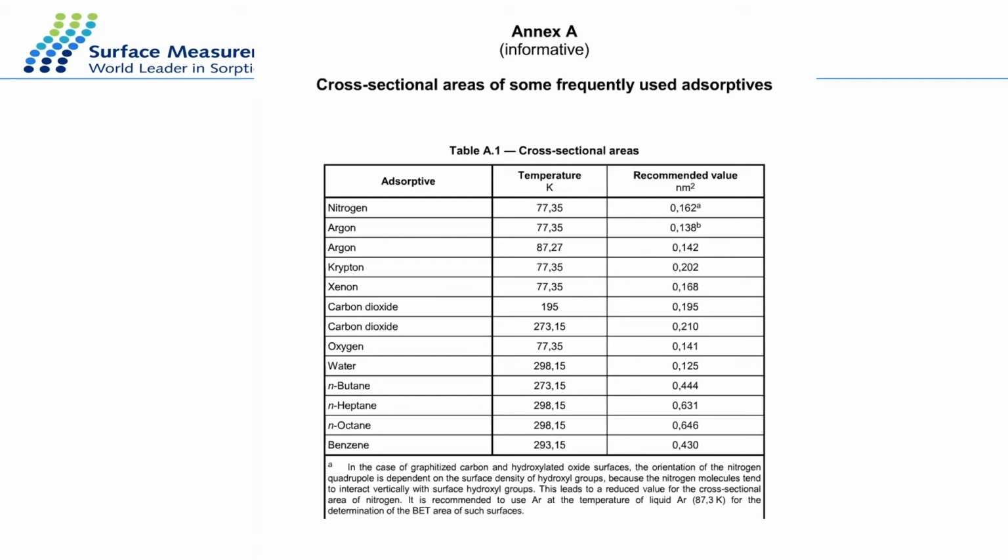For inorganic materials, which are more rigid and not sensitive to different conditions, nitrogen conditions are probably suitable, but for organic materials, ambient condition is more recommended, because at very, very low temperature, some structural changes can happen in the sample.